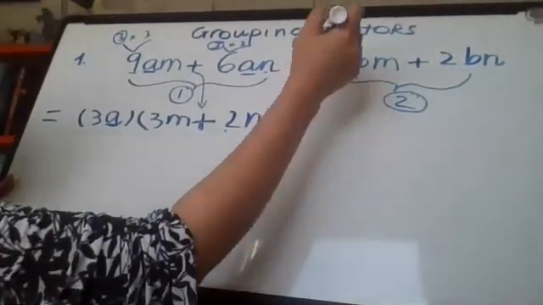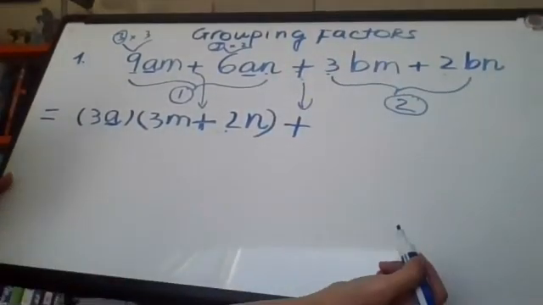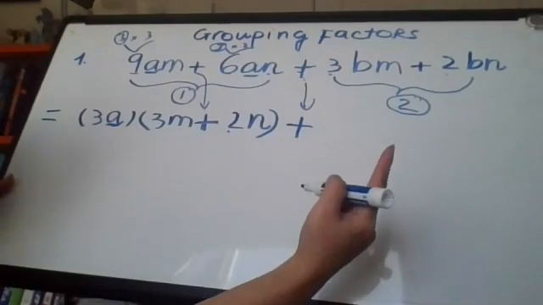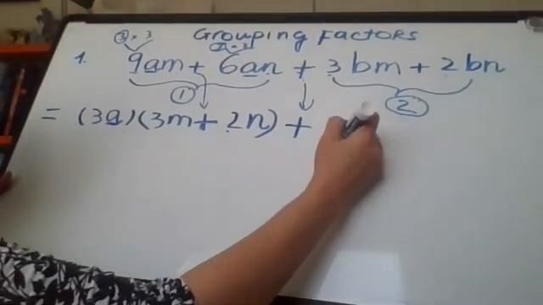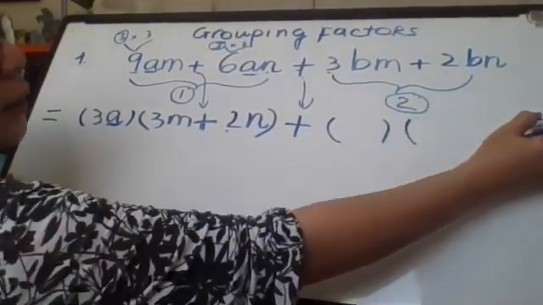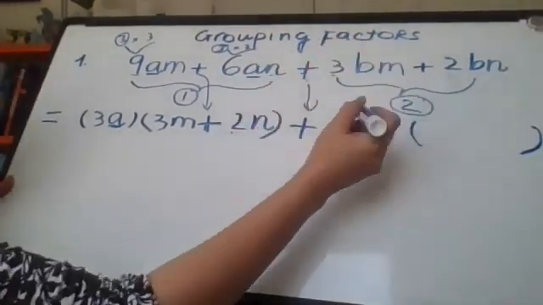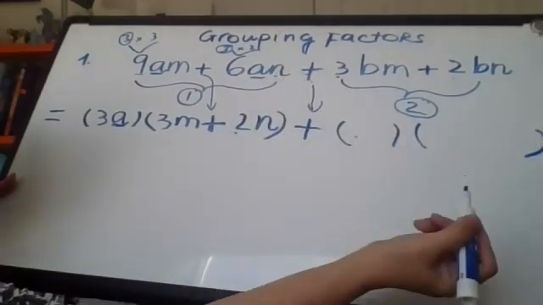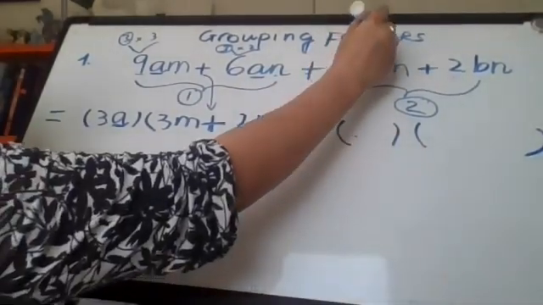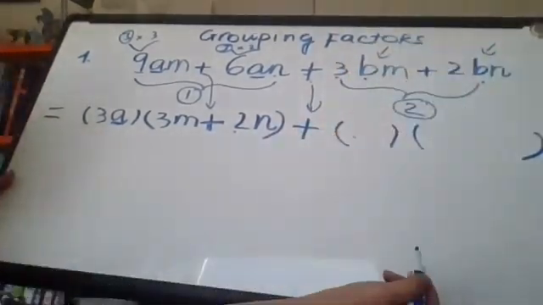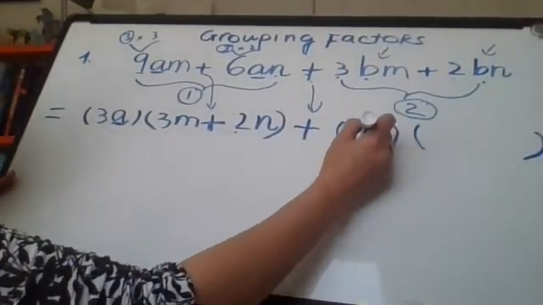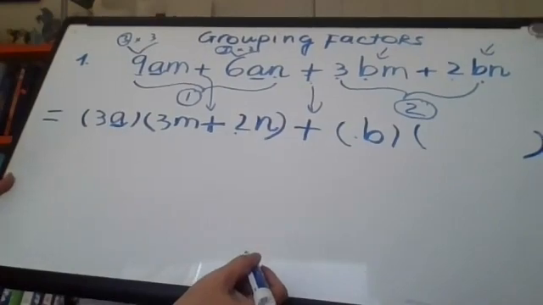In here, you have 3 times 1, this is 2 times 1. So the only common number is number 1. And for number 1, we don't have to write it out, right? So I'm going to break this into 2 brackets again. And the number 1 goes in here, but I don't have to write it. What about the letter? The common letter is B. B appears in both terms, so B is the only common factor in here.